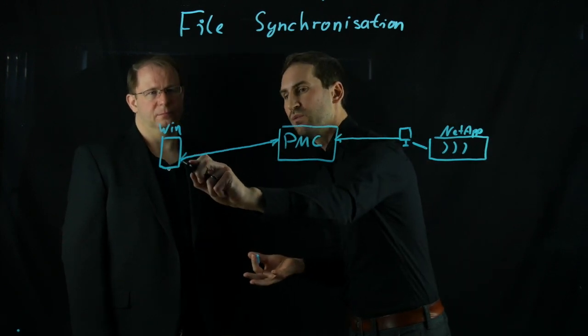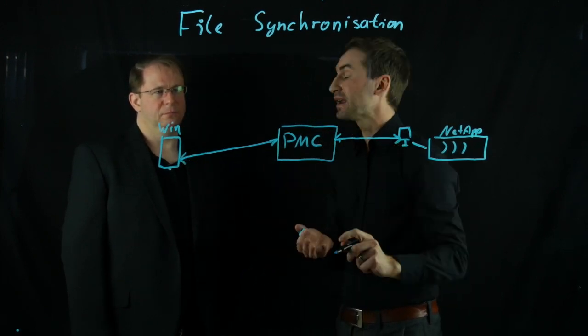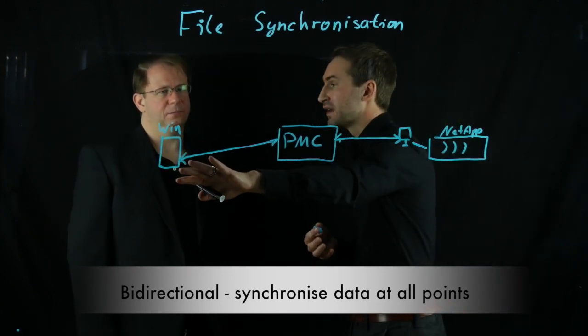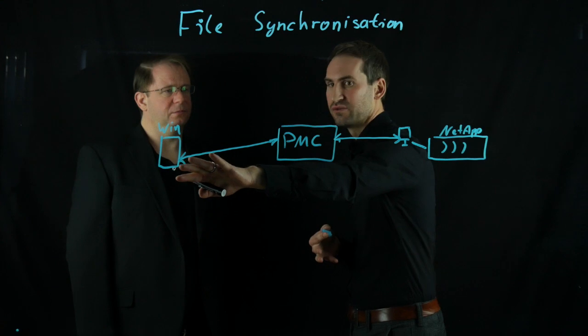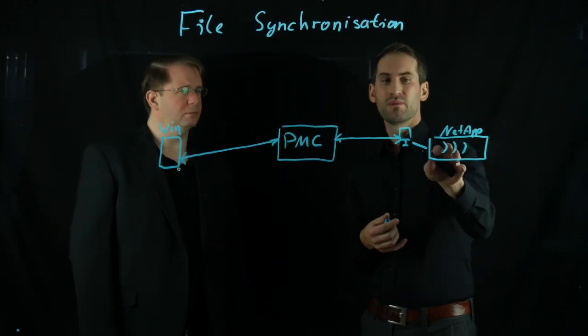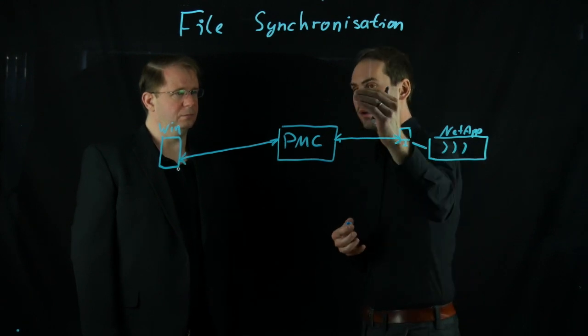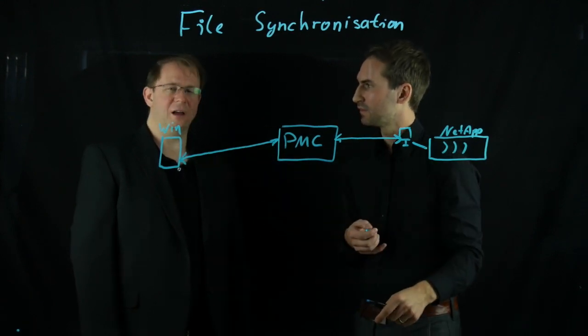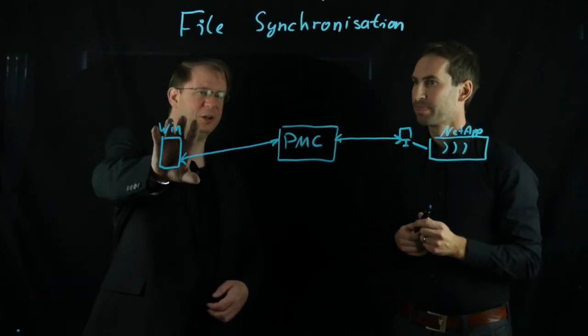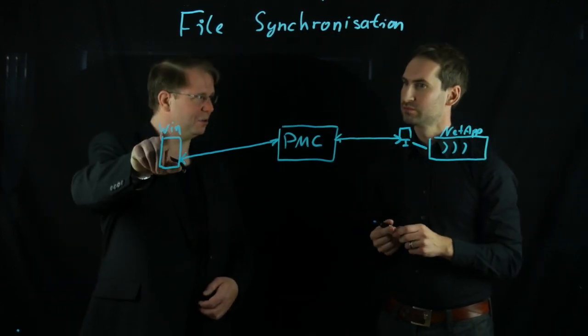What is also possible, for example, if we make another use case here, is traveling user profiles. Then you make this replication bidirectional. Right, okay. So whenever a file is changed, created, modified, or deleted here, it will be replicated to the NetApp system. But because it's bidirectional now, whenever a file is changed here, it will also be replicated back to the Windows system. Okay. And so my use case there, perhaps Grant in the UK, my profile is sat on this server.